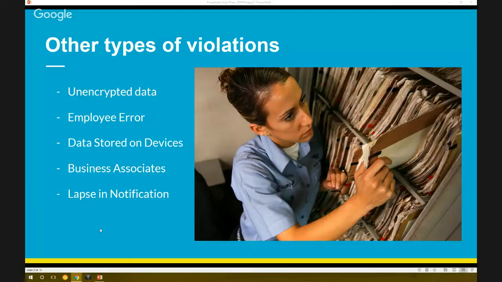So this is just saying that business associates need to know the responsibilities and ownership and timeline of the breach notification and how they handle it. And then lapse in notification is where there's been a violation but it hasn't been reported in time. And the proper steps need to be taken in order to keep that violation from happening, and the proper training as well. Next slide, please.